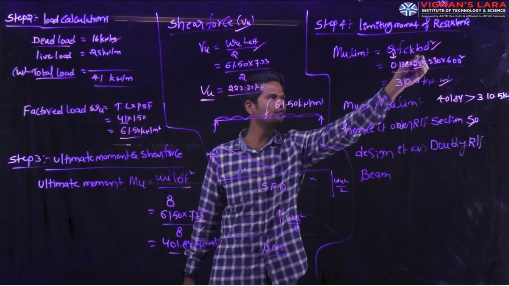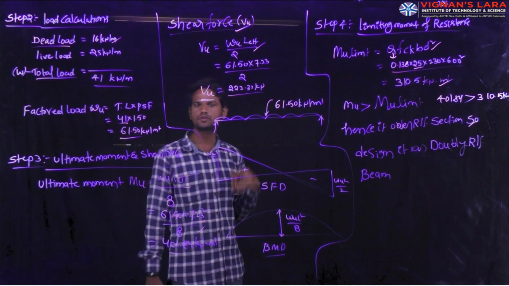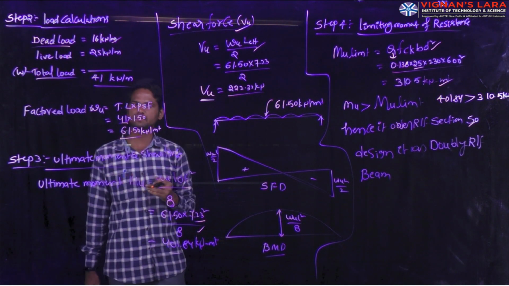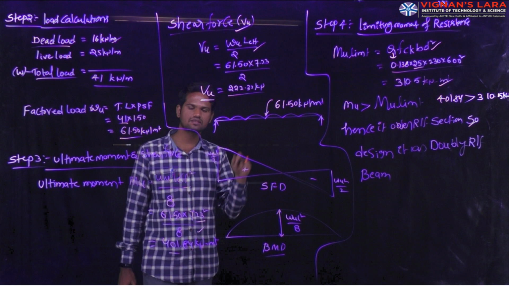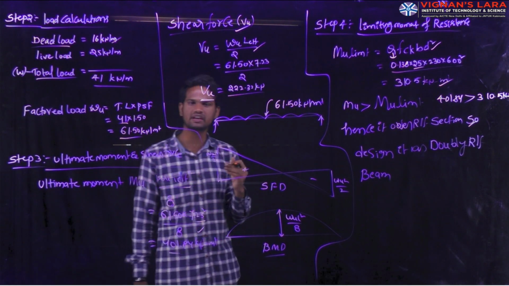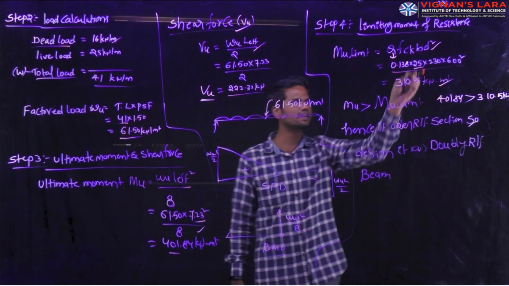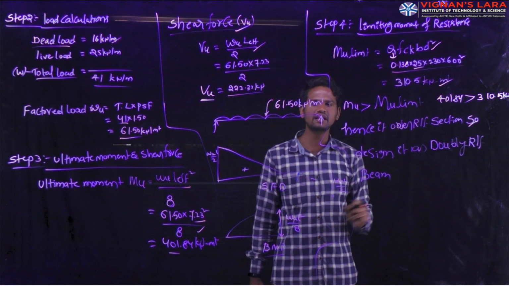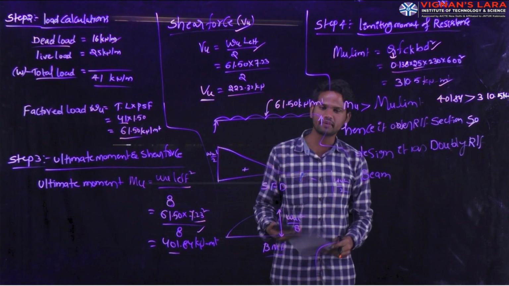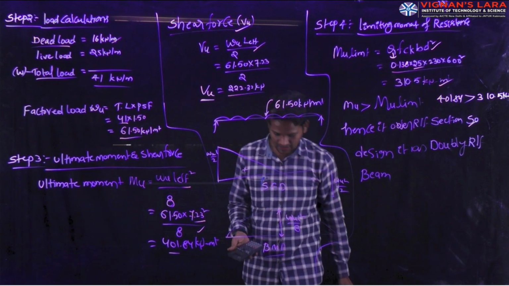But if you provide more effective depth, the aesthetic view and the building representation will not be good. That's why, without changing the cross-sectional dimension, we provide additional reinforcement to the beam in the compression as well as in the tension.